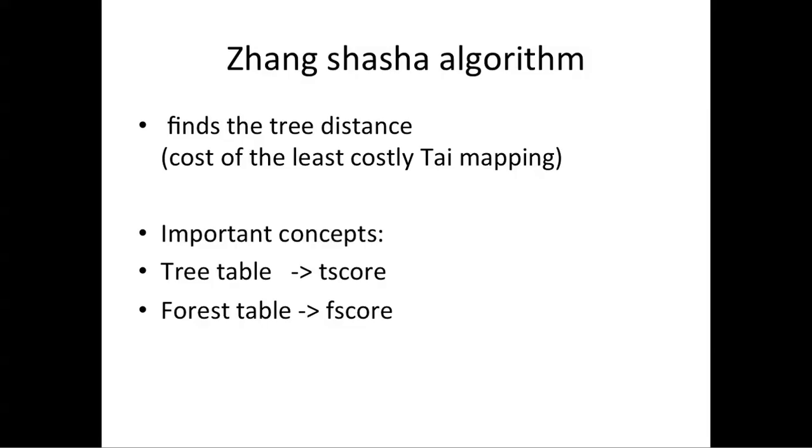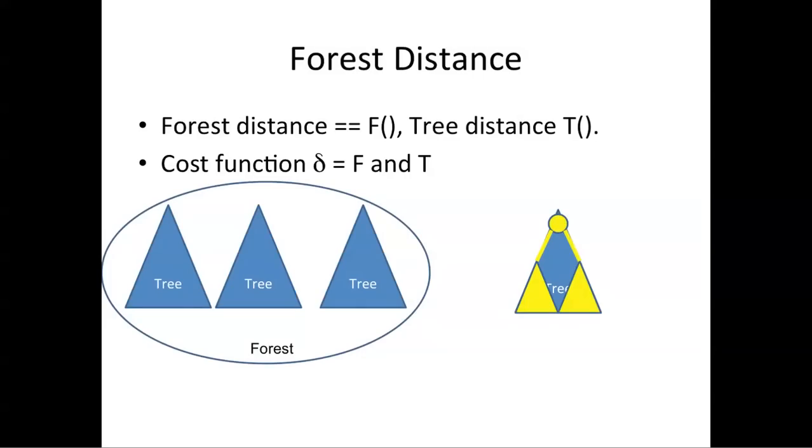Sorry, a set of forest tables. So the forest distance is the distance between a set of trees to another set of trees, and we are going to designate it by this lambda.